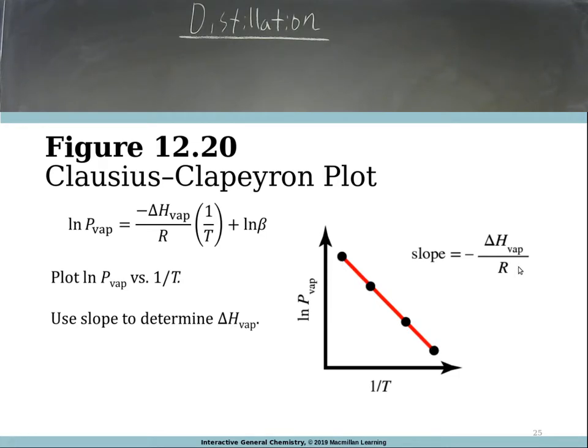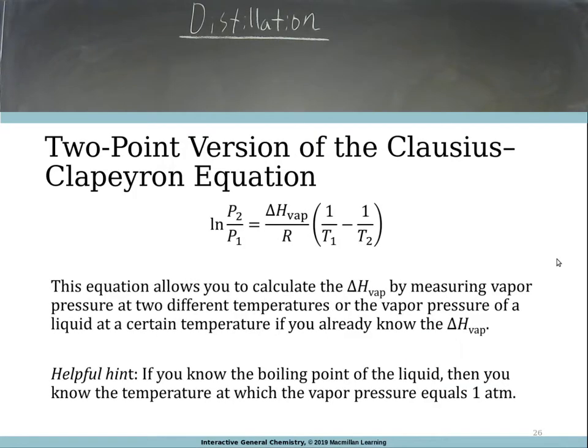But we're always going to give you only 2 points, and you'll notice the 2-point formula also has the natural log of the pressure and the inverse temperature. It's just written in this way to show the relationship between 2 individual points instead of a line that could accommodate a whole set of data. Okay.